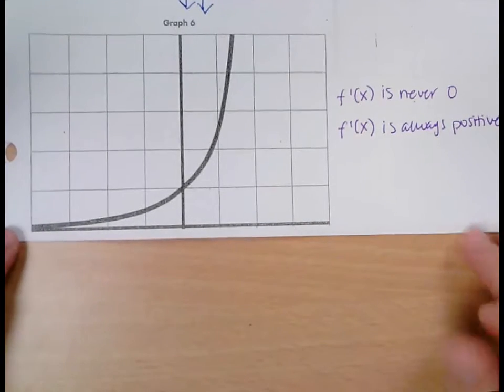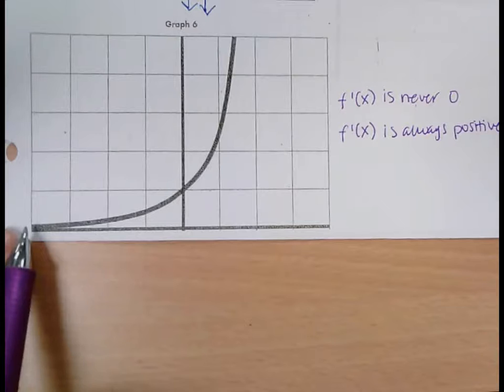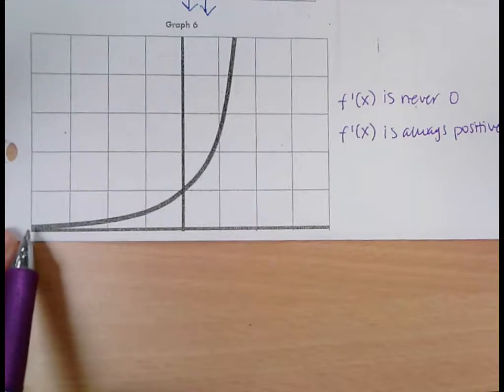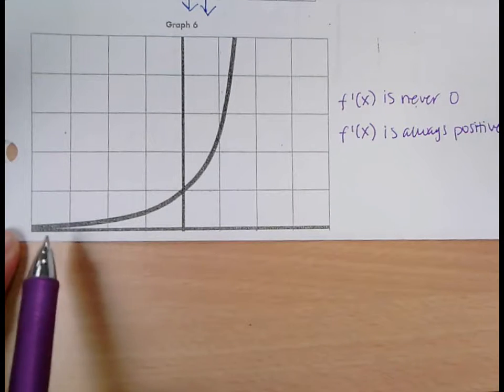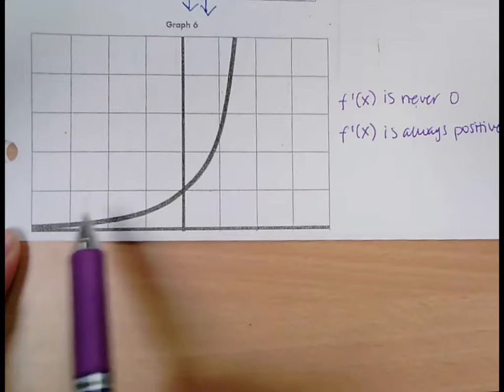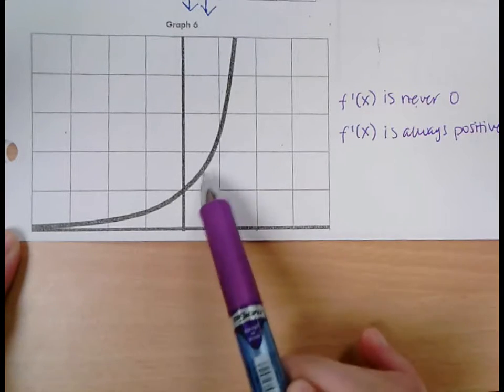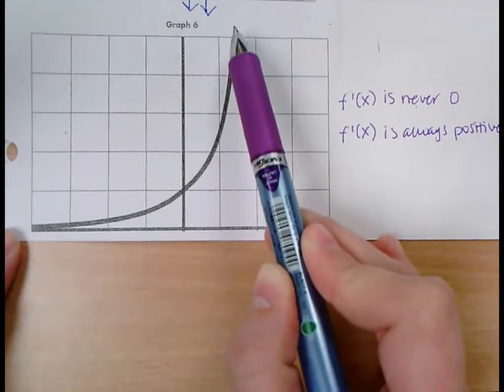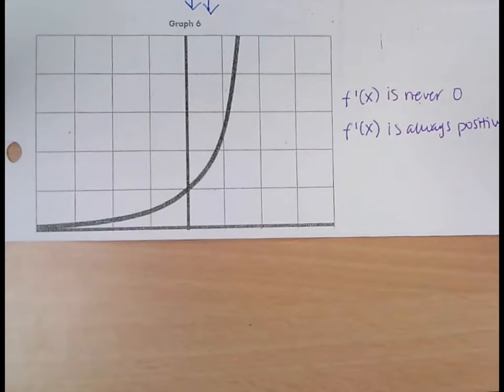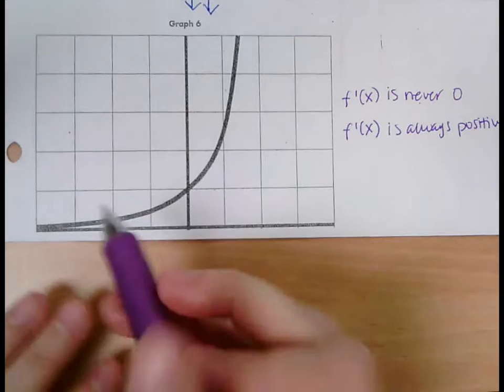And so now, if I think about the slopes of this curve, if I were to draw in tangent lines, the slopes will start close to 0, and as I keep drawing tangent lines, they will become steeper and steeper. So that means f prime is going to start close to 0 and then increase more and more.